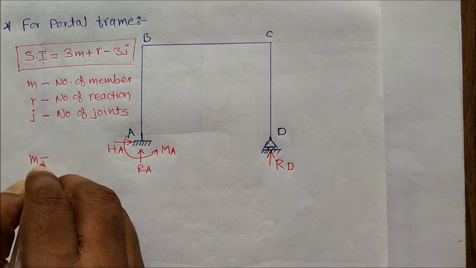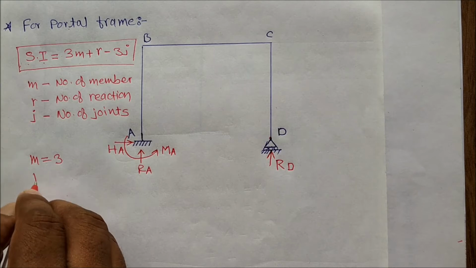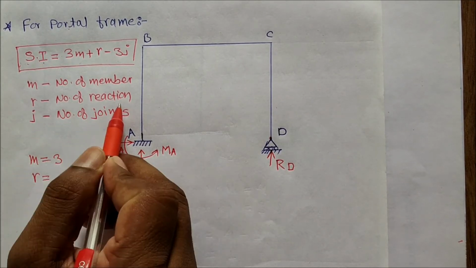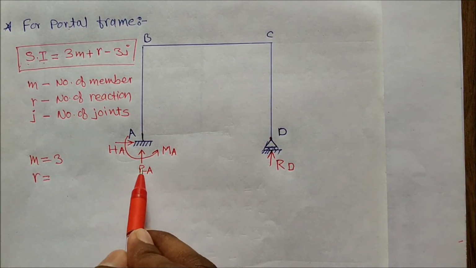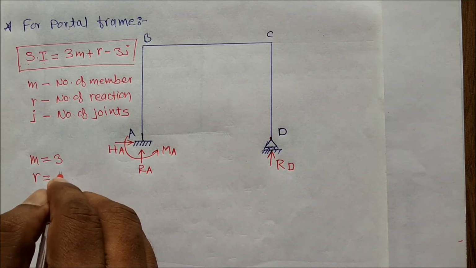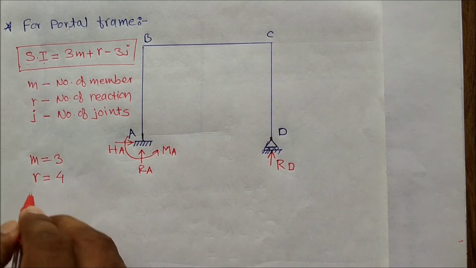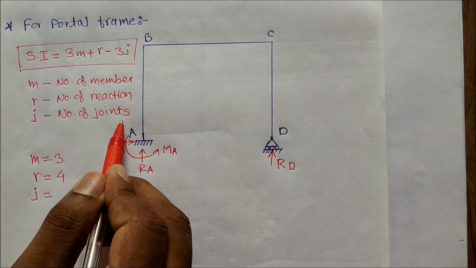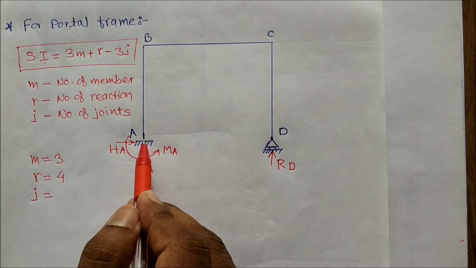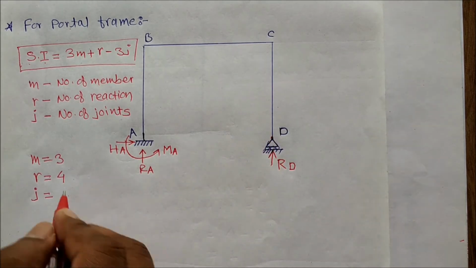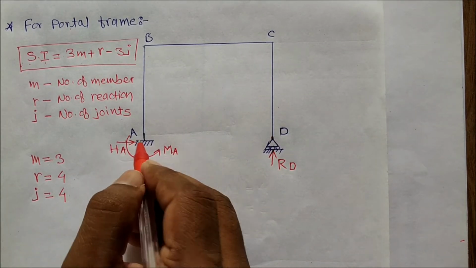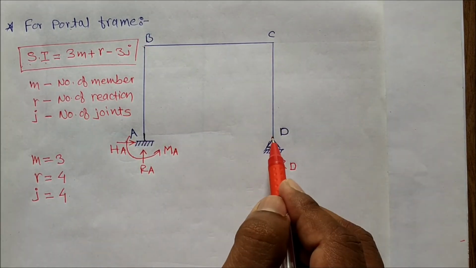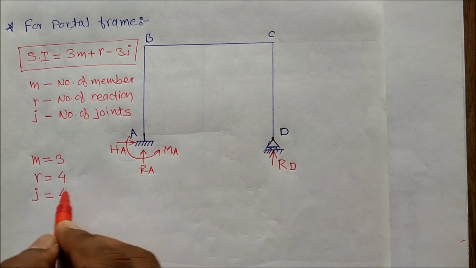So M is equal to 3. R is the number of reactions. How many reactions? 1, 2, 3 and 4. And last but not least, J, that is the number of joints: 1, 2, 3, 4. Joint A, joint B, joint C and joint D. These are 4.